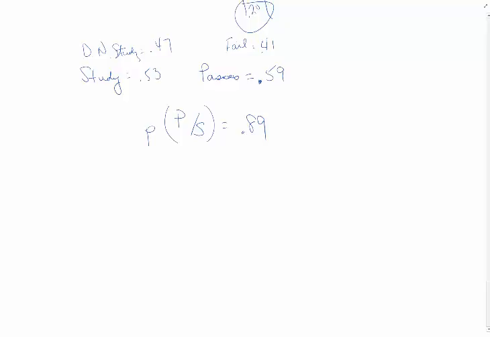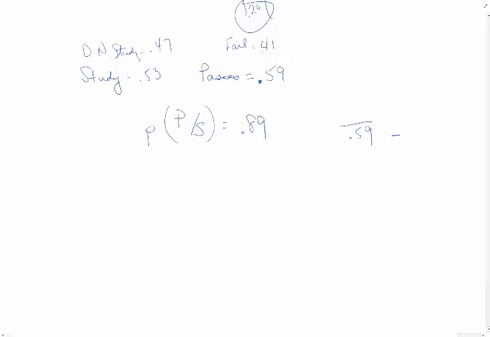Okay. Now, what is the probability that a student studied for the class, given that he or she passed the class? Okay, so what is the probability, given that a student passes a class? Okay, so of the people who pass the class, that's the 59%.